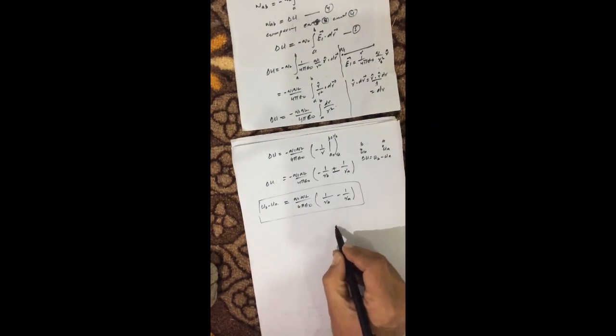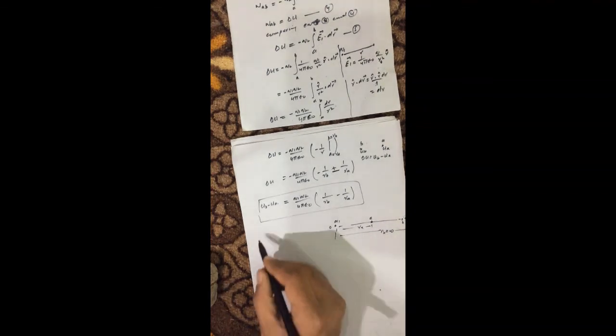Now, suppose the charges are separated by infinite distance. Suppose we have this charge Q1, which is at point O, and charge Q2 is somewhere at infinity. I call it RB is equal to infinity. This is point B, and I am bringing this to point A, which is at a distance of RA.